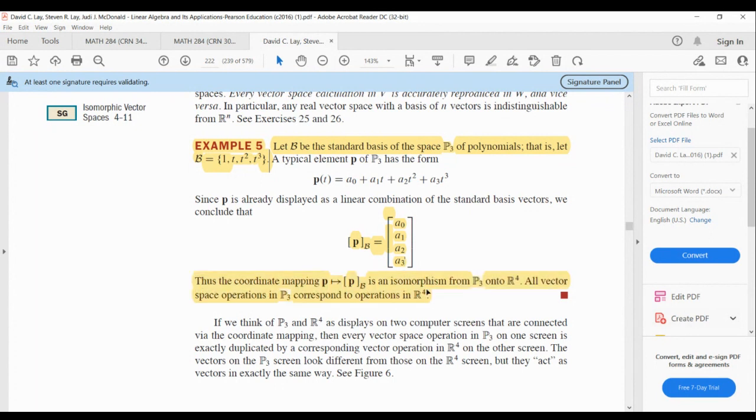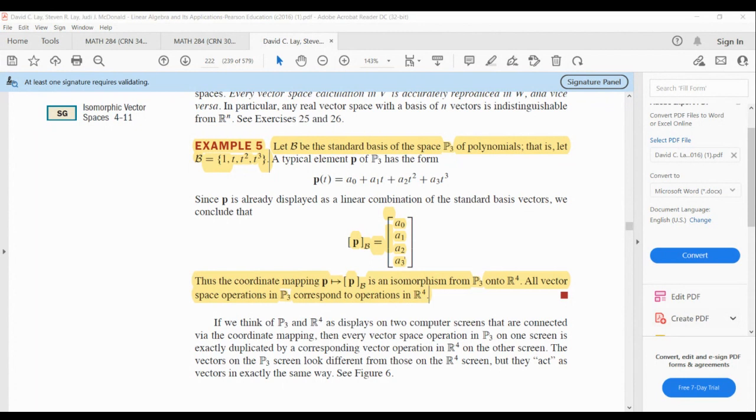And incidentally, another comment I should make is that you can have what's called an isomorphism. To uniquely determine a third degree polynomial, you need 4 numbers.